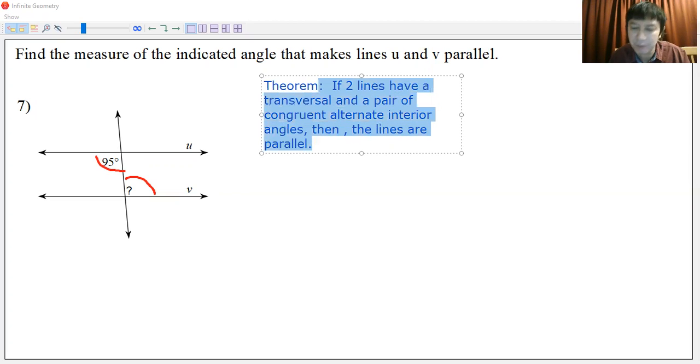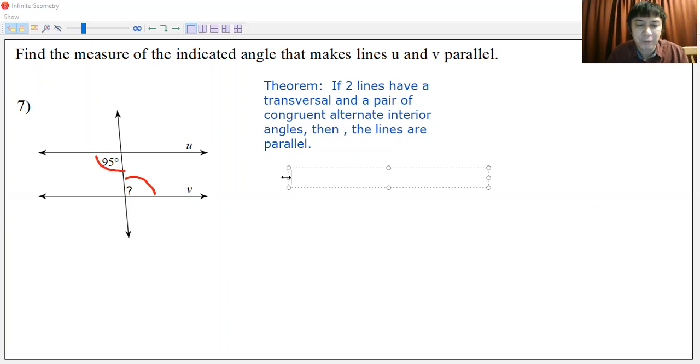All right, let's have the copy of that for the other numbers. And so we have an alternate interior angle pair. By inspection, they're supposed to be congruent so that the lines U and V are parallel. The answer must be 95 degrees.